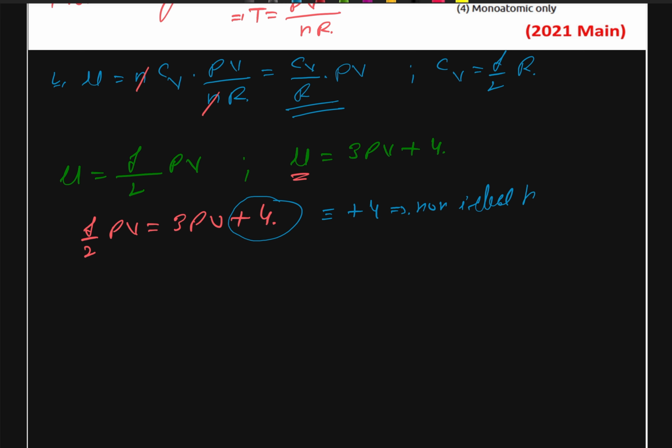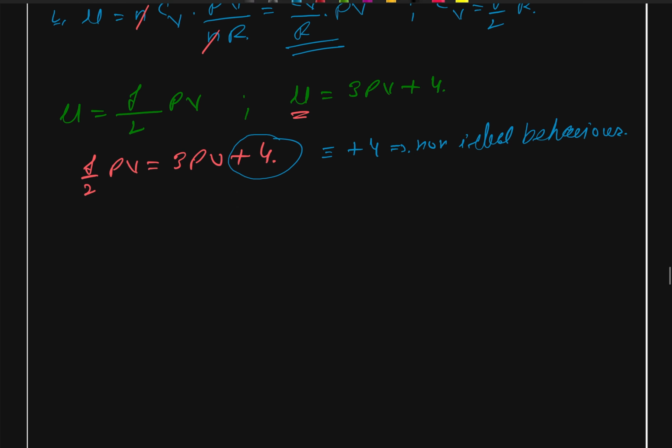But if this PV is very large, then this 3PV is going to dominate over the 4.